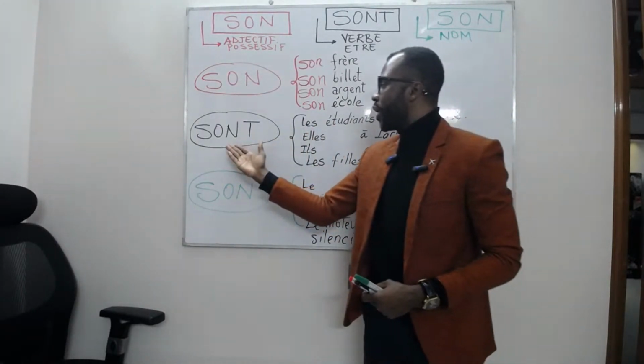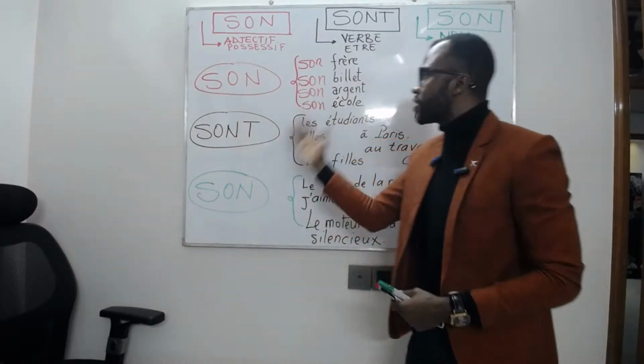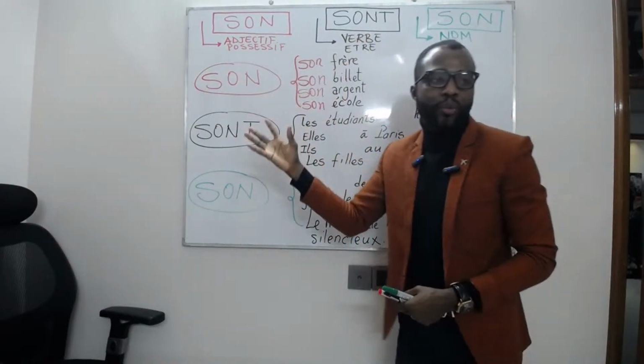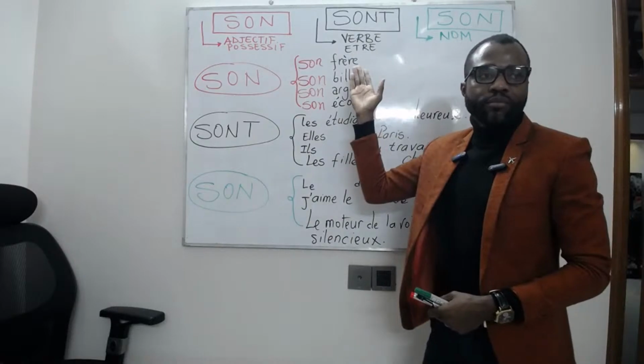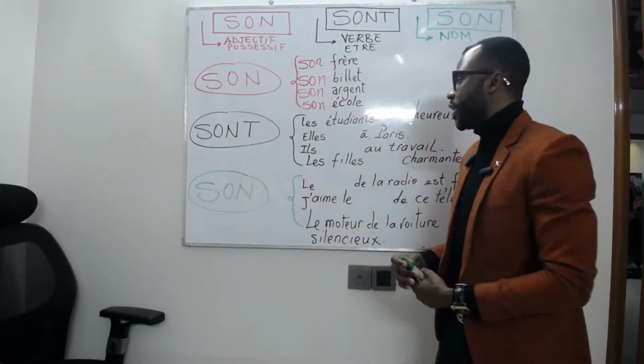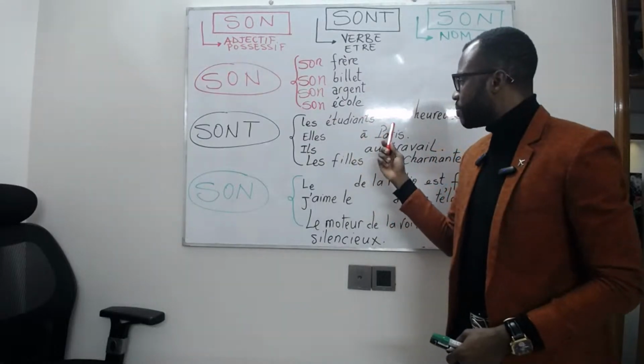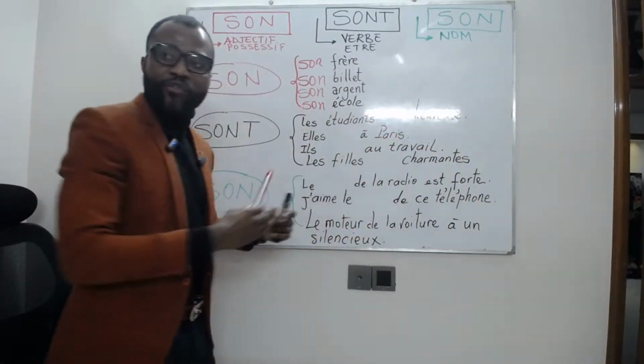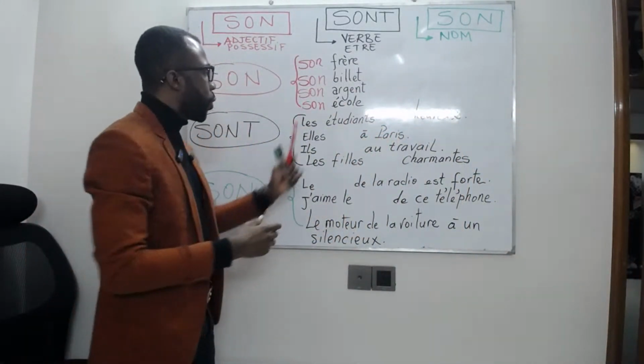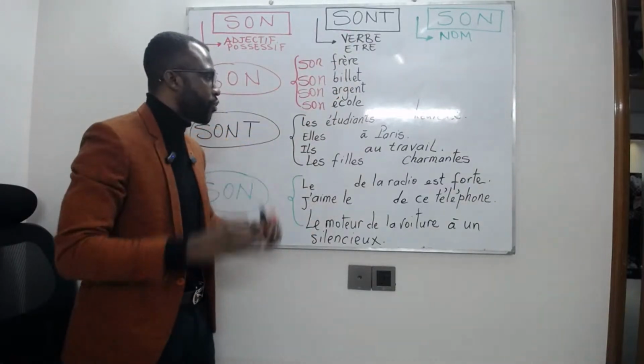All right, so the second point, sont with S-O-N-T, which represents the verb to be in the third person plural. So in this, we have les étudiants. Let's try to make a few sentences and examples with sont, S-O-N-T, which is a verb.